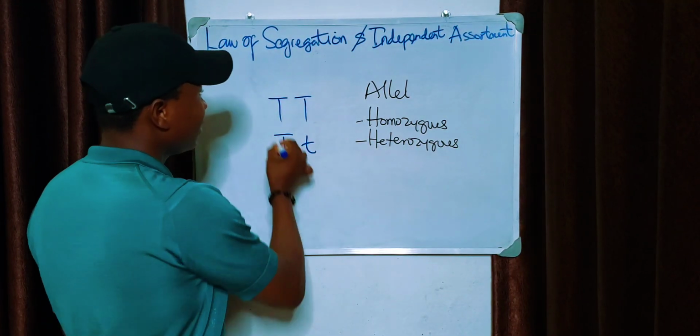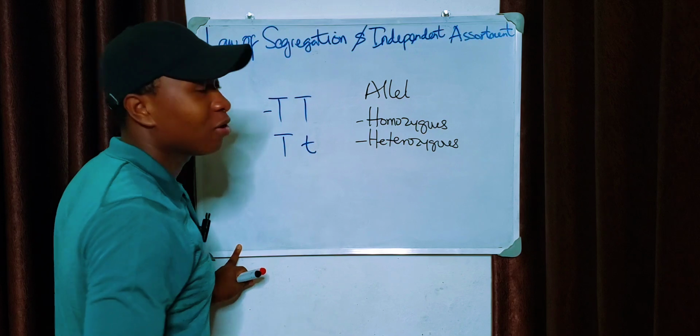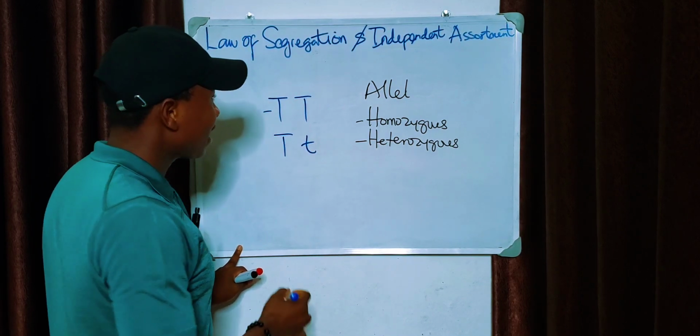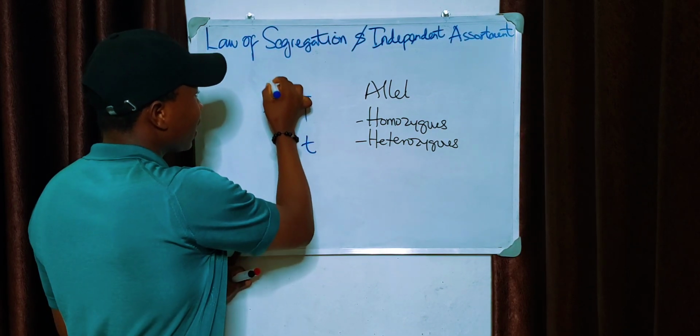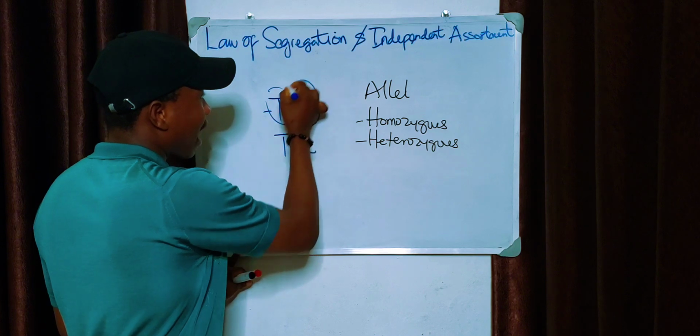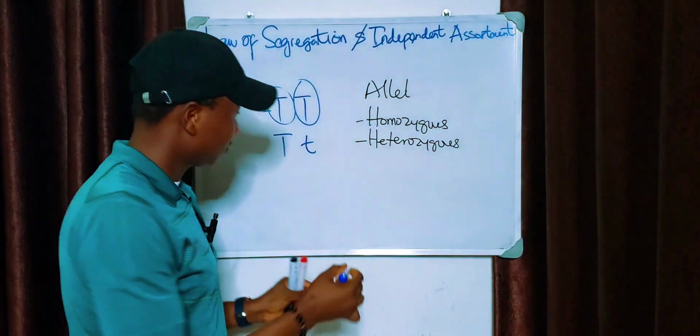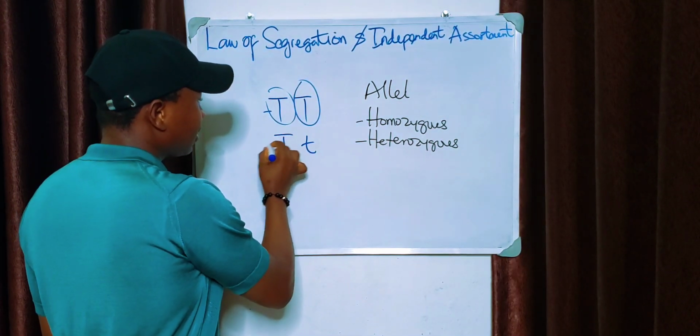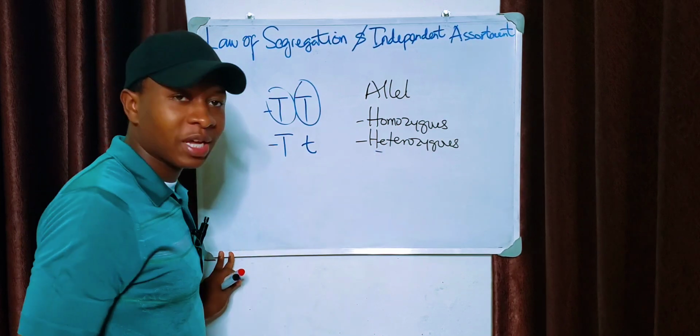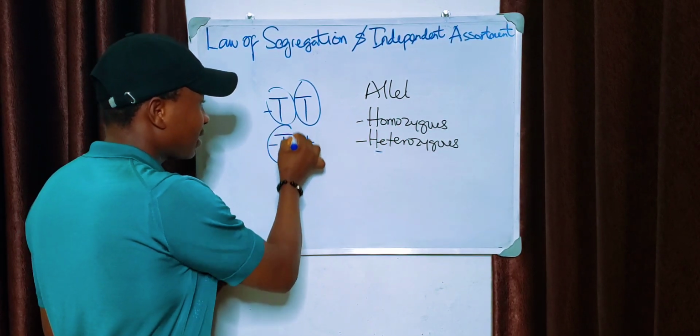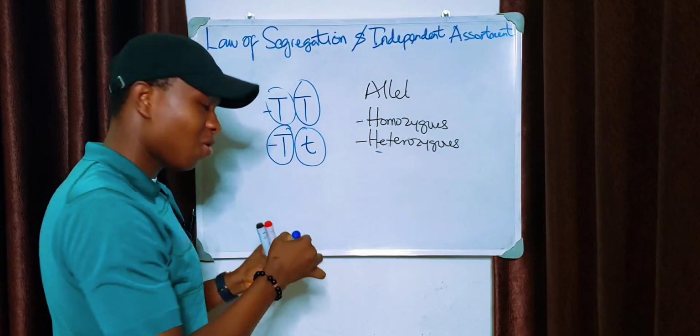Now, what does this signify? This signifies a homozygous characteristic. That simply means that each of the alleles are identical. The other stands for heterozygous, meaning that the characteristics are unidentical.